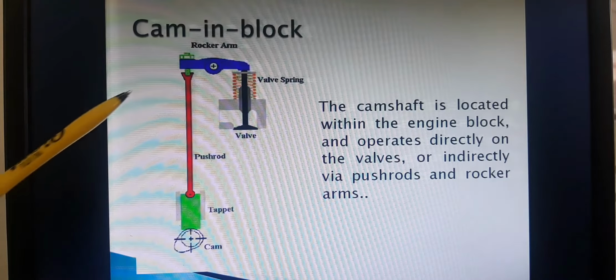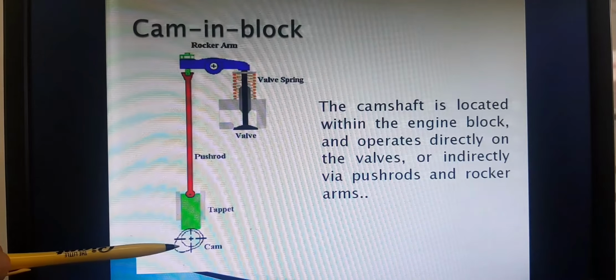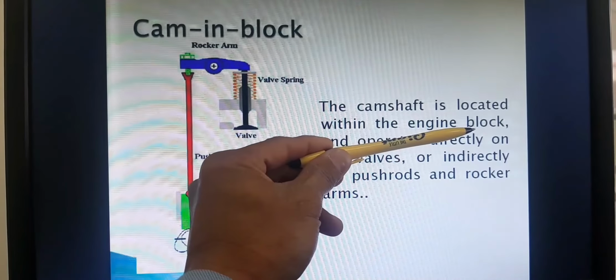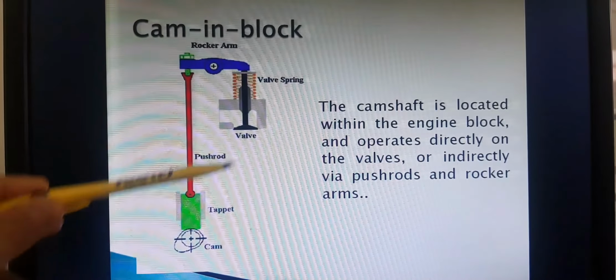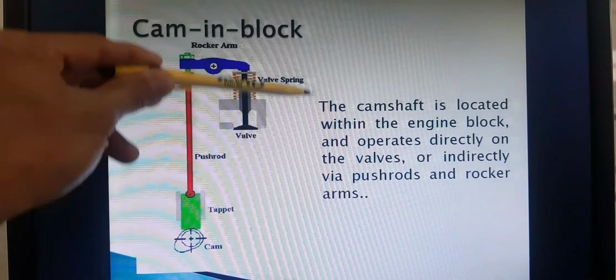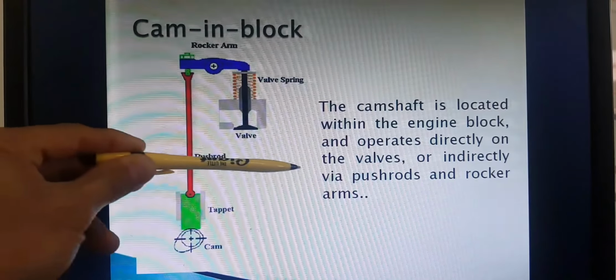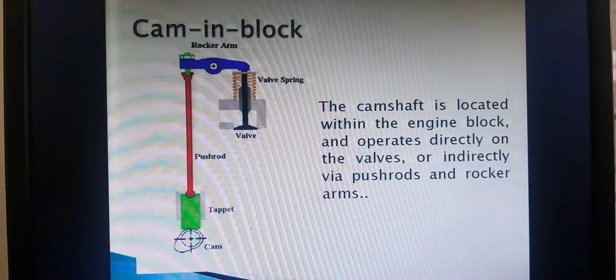Okay? So the camshaft is said to be within the engine block or cylinder block. So this is the block here, and that portion is in the cylinder head, and this portion is in the engine block. All right?